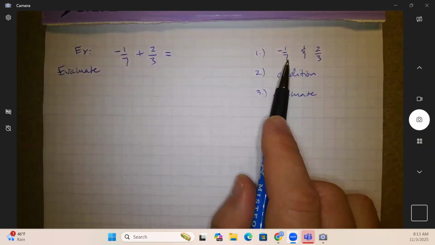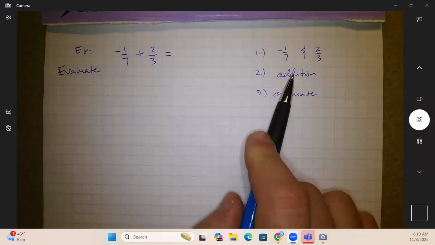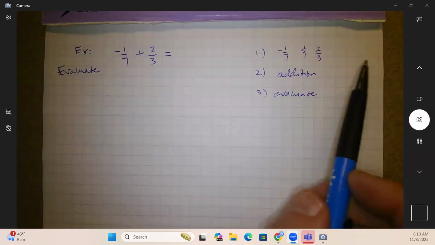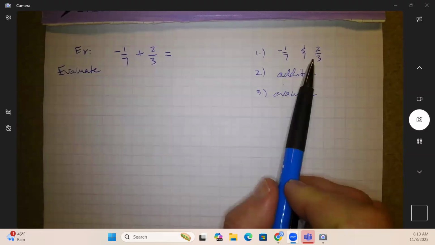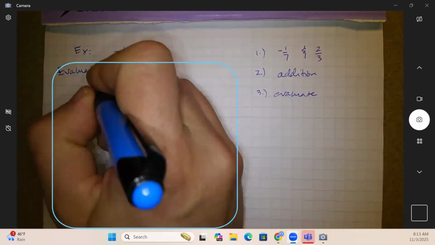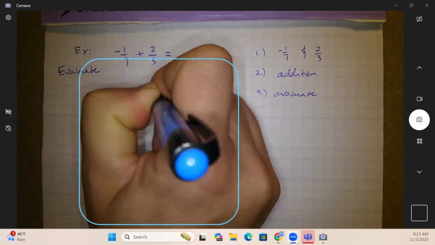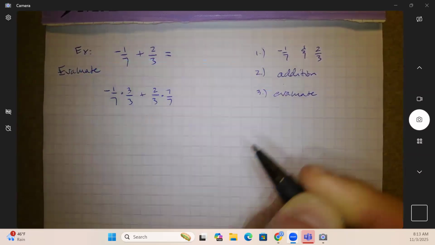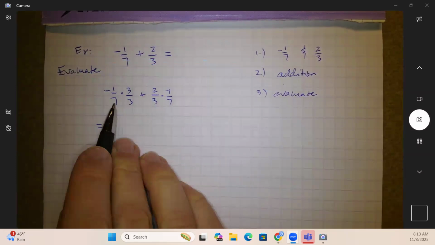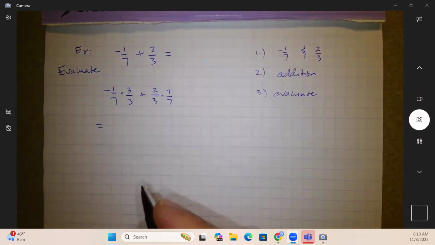So I'm working with fractions and I'm adding them. And so I find the section in my notes or in the textbook that tells me how to add fractions, especially when they don't share the same denominator. So in that case, I would find what's missing from each. The 1/7 is missing a 3, and the 2/3 is missing a 7.